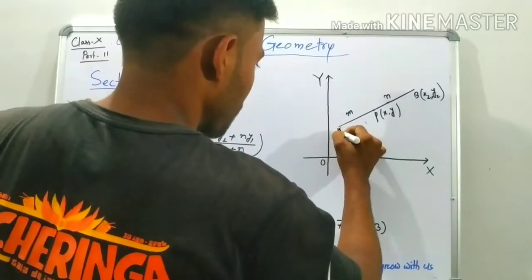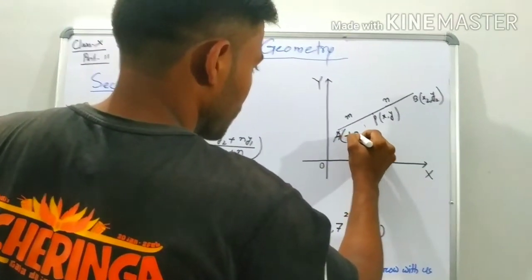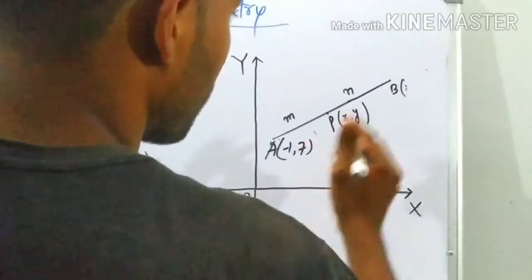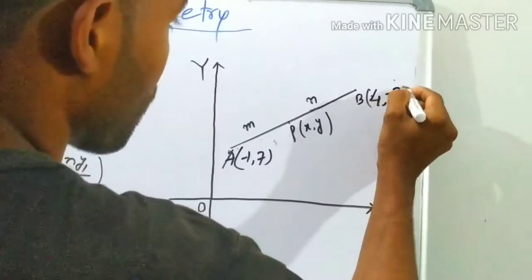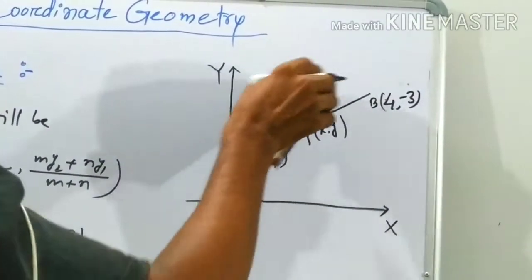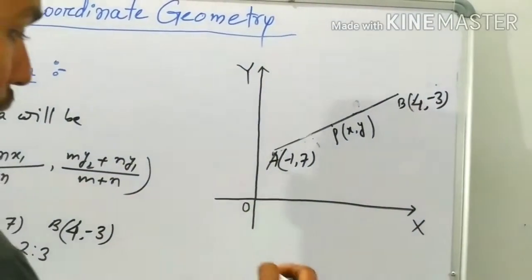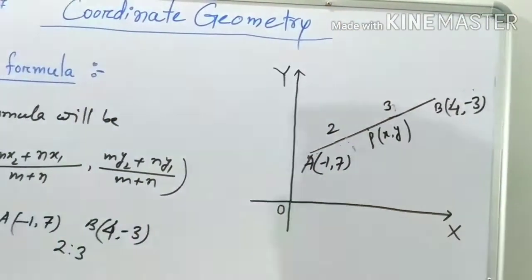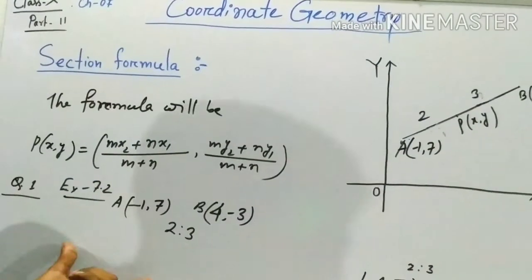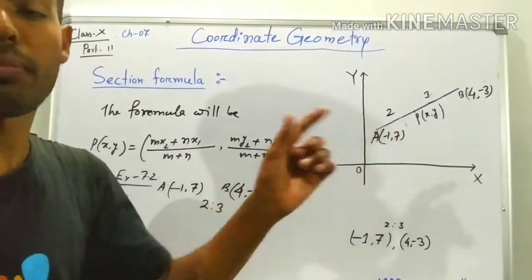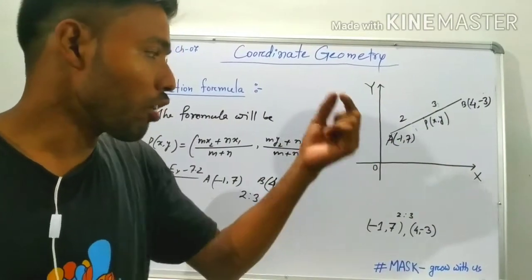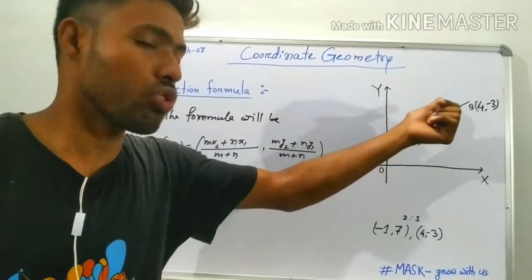A is given with coordinates -1 and 7, and B is given with coordinates 4 and -3. Here m and n will be replaced by 2 and 3. So in this problem we are given point A with coordinates -1 and 7, point B with coordinates 4 and -3, and the ratio 2:3.